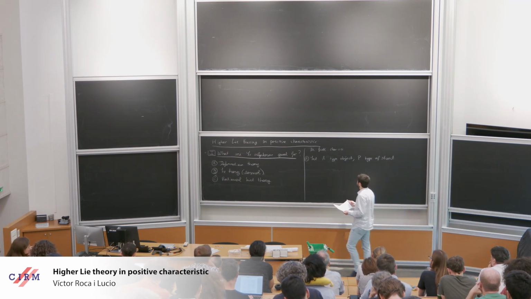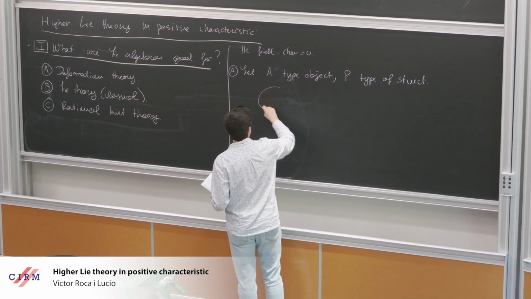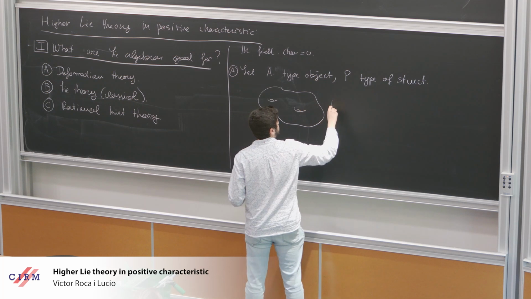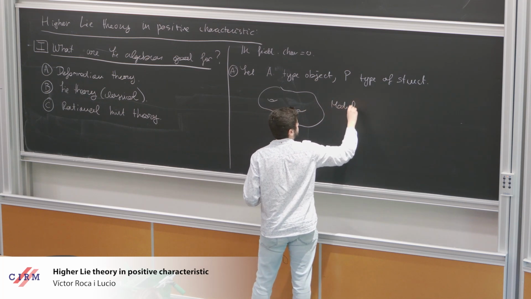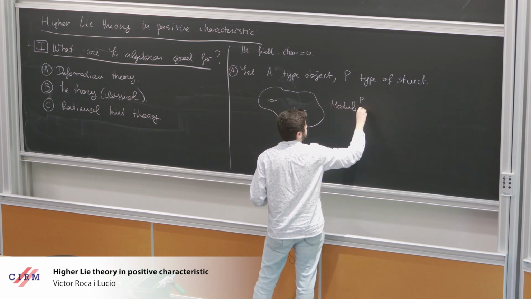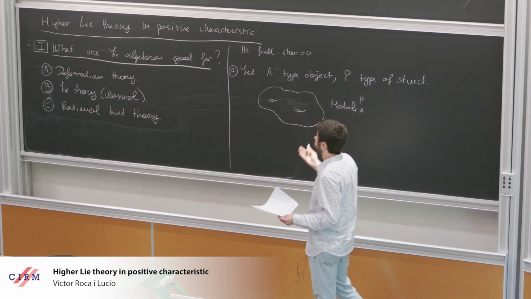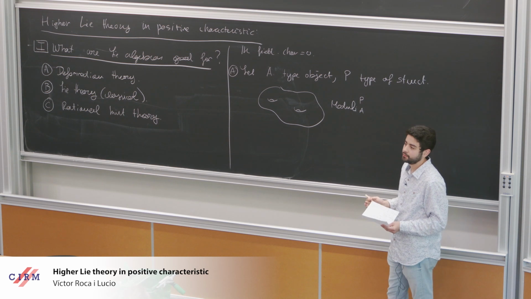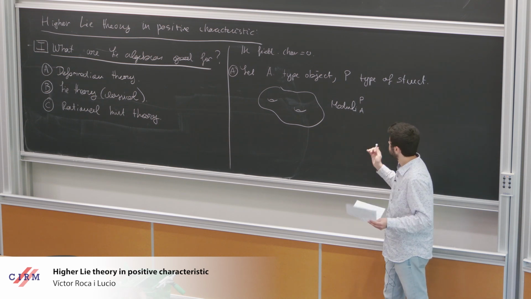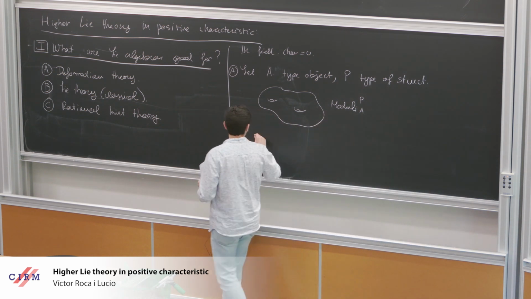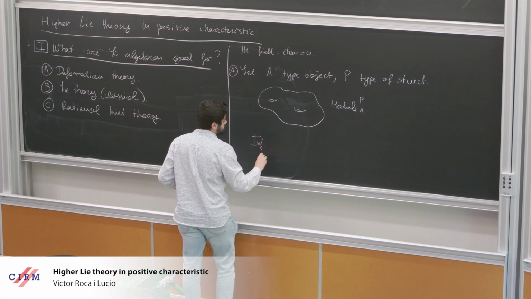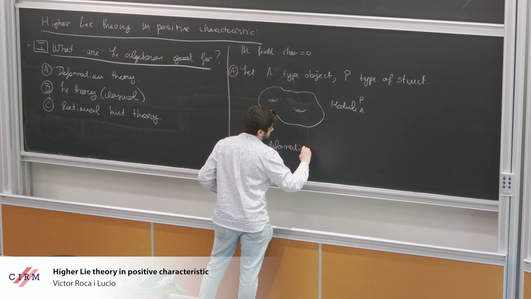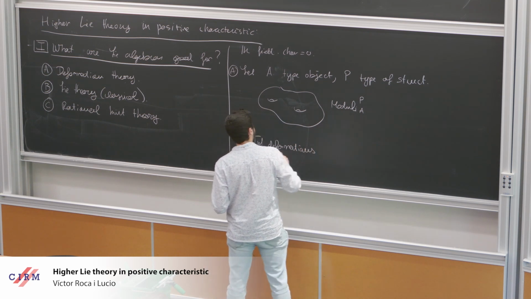The heuristics is the following. You could imagine having some space, which would be the moduli space of structures of type P on A, where your points would be given by structures, and then there would be some geometrical structure on the whole moduli space. Infinitesimal deformations in this picture correspond to the following.